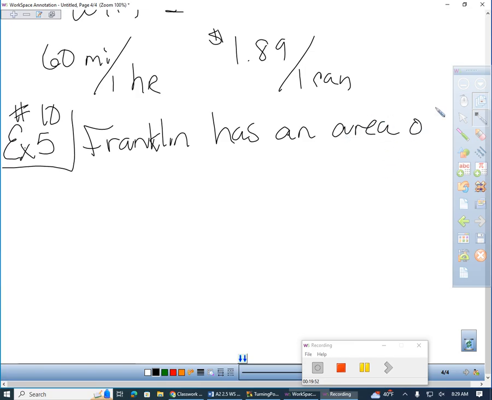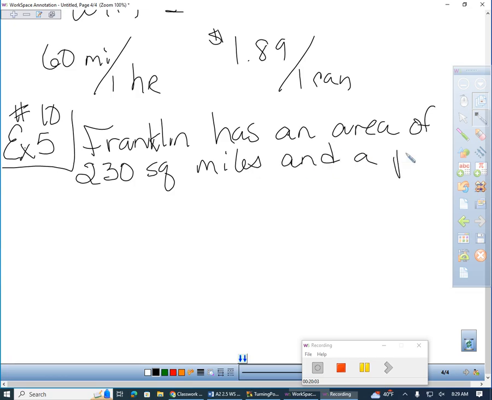Franklin has an area of 230 square miles and a population, let's say, of 2,640.